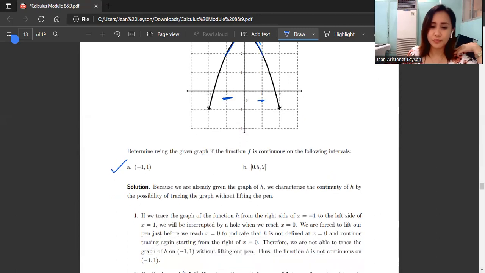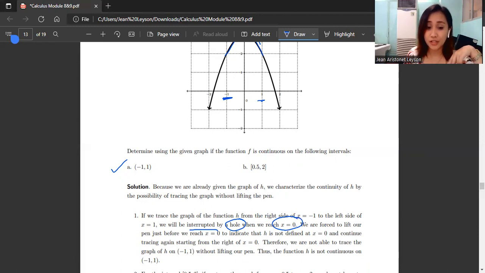If we trace the graph of the function h from x is equal to -1 to x is equal to 1, we will be interrupted by a hole when we reach x is equal to 0. Same with what I have showed you.